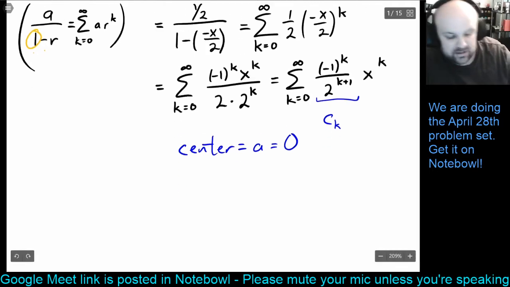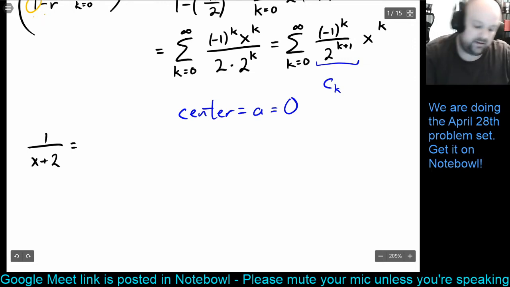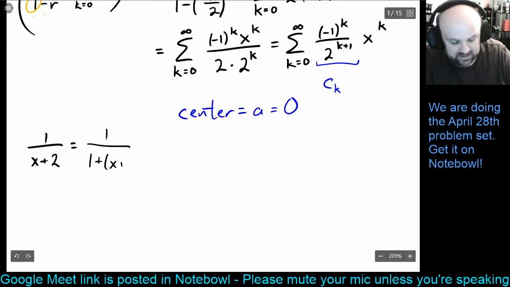Because another thing you could do, if you were so inclined and wanting to be clever with this, is split off one of these. So write this as 1 plus x plus 1 here, right? And then you could say, well, that's 1 minus negative x plus 1.